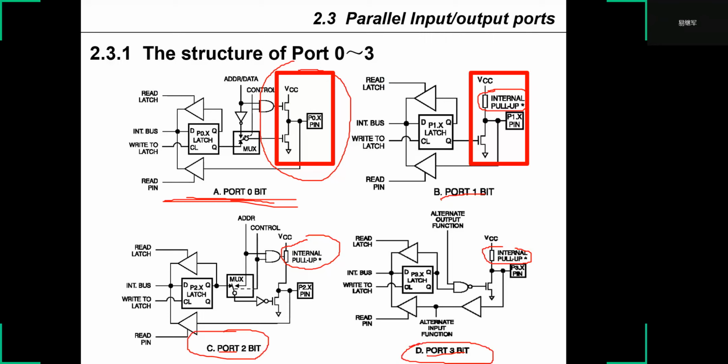Port 3 and port 2 are the same as port 1. Here, port 1, port 2, port 3, they are the same. They all have the pull-up resistor.